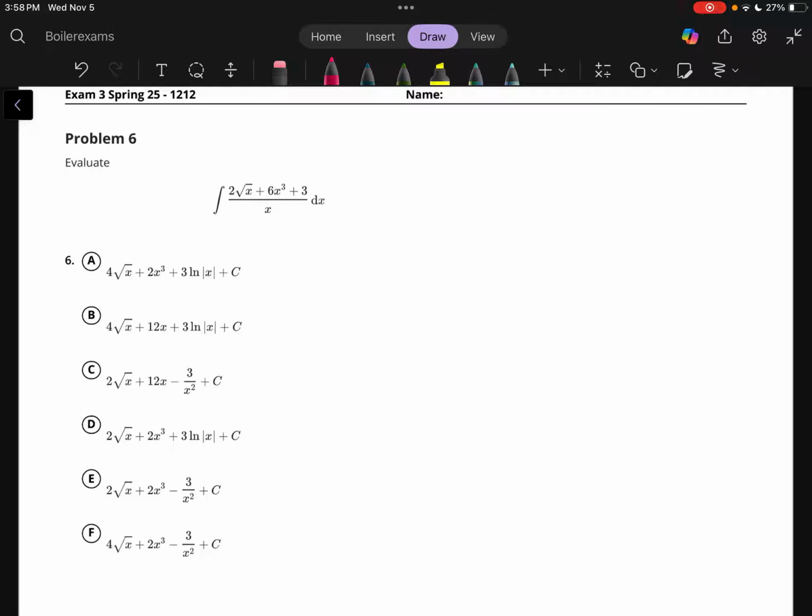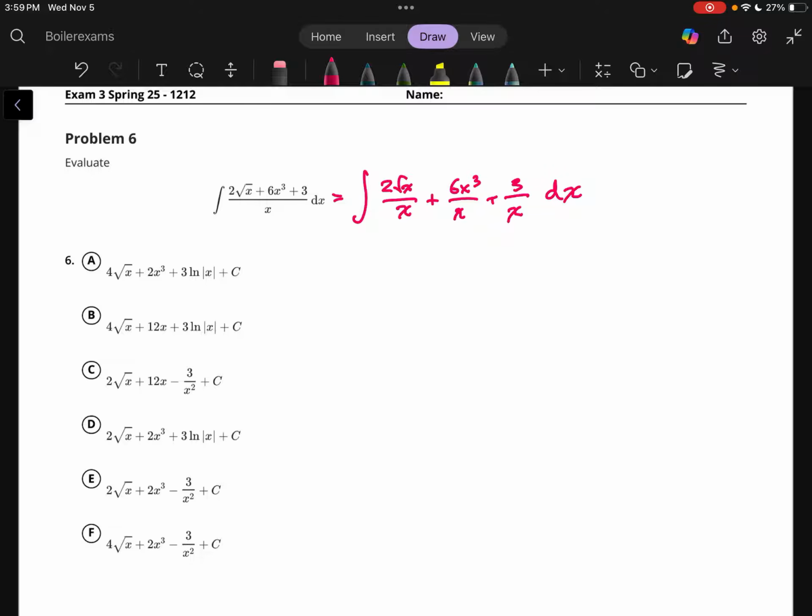The trick here is to notice that we have a rational expression and we only have an x in the denominator. So we can split this fraction up as such.